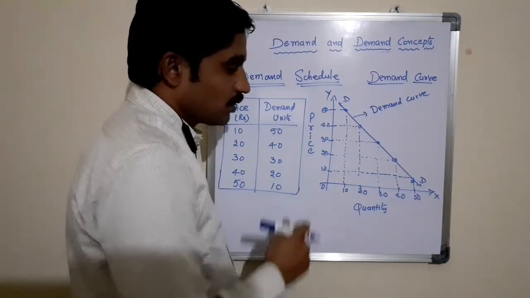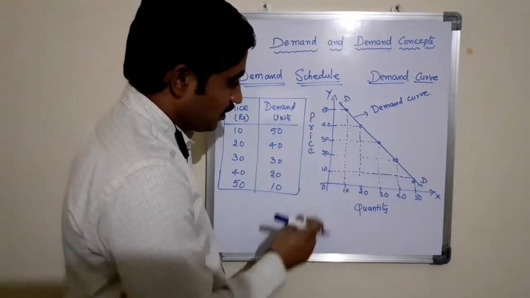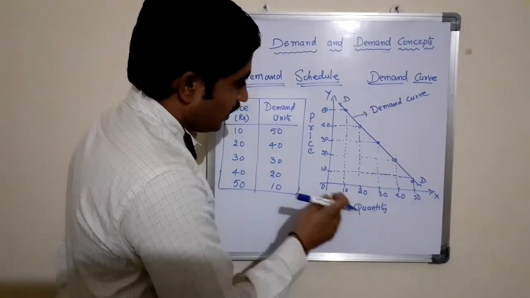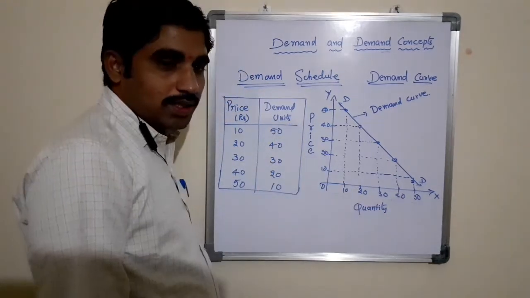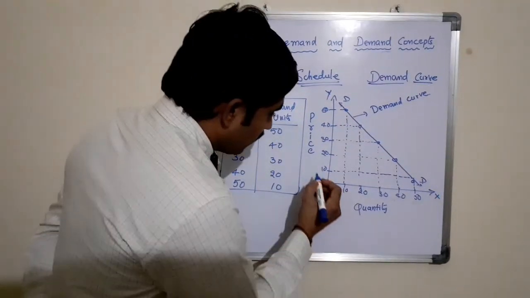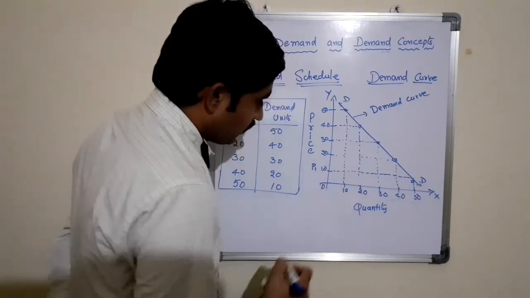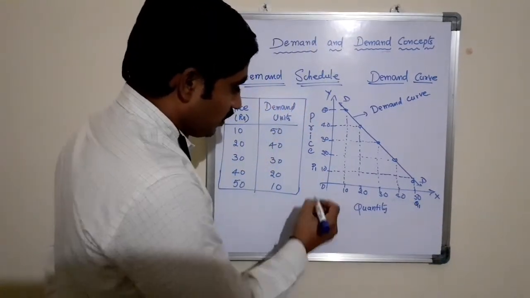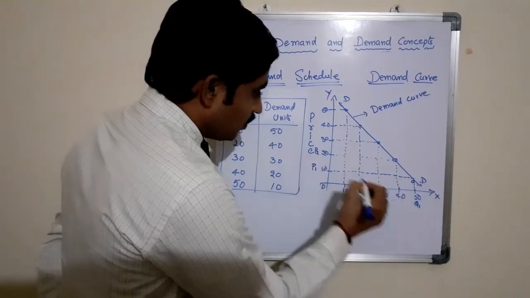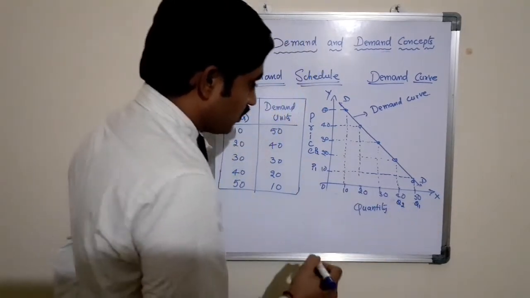So here we can also interpret the same, that is, the OX and OY axes reveal the quantity and price of the product respectively. When the price of the product is at OP1, the quantity demanded of the product is at OQ1. If the price is increased to OP2, quantity is decreased to OQ2.